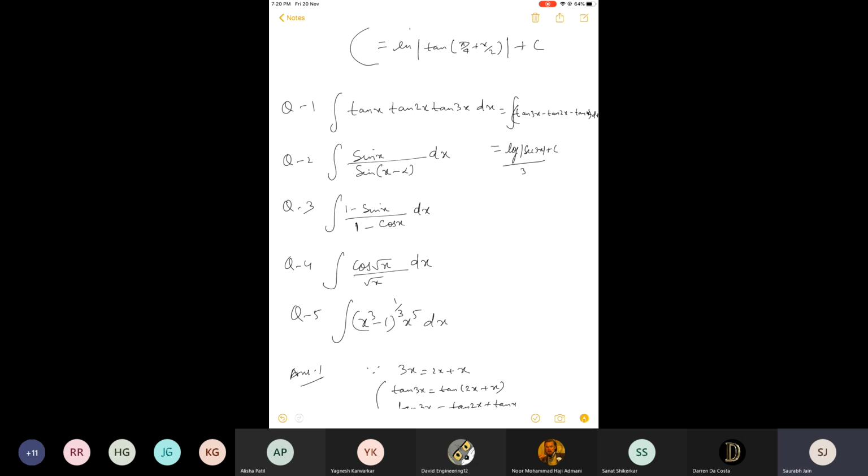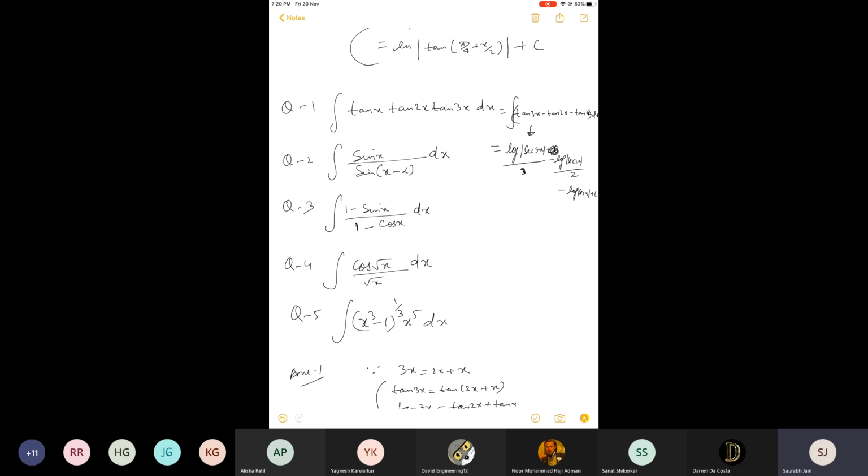But why 3 in the denominator? Because if the integrand is comparable to some formula, but the coefficient of x is some number in place of 1, then integrate like that only, but divide the whole integral by the coefficient of x. Then tan 2x is also there, so it will be log mod sec 2x by 2. Then tan x is also there, so minus log mod sec x plus c.